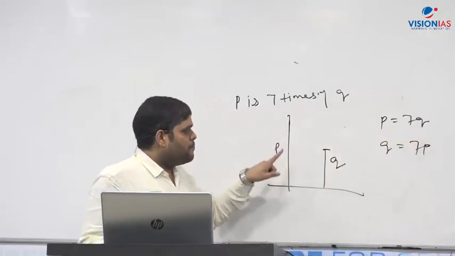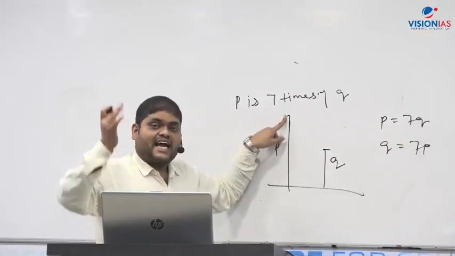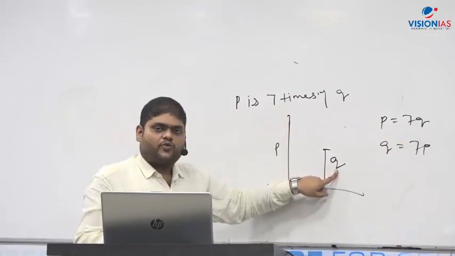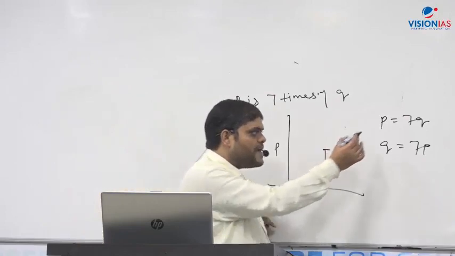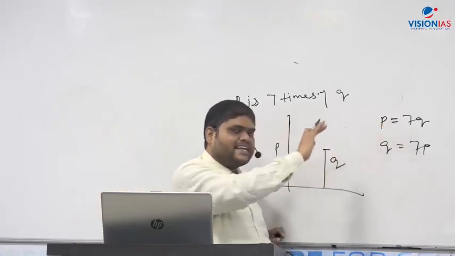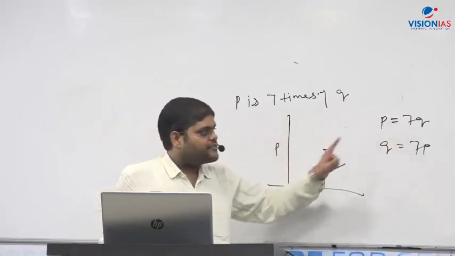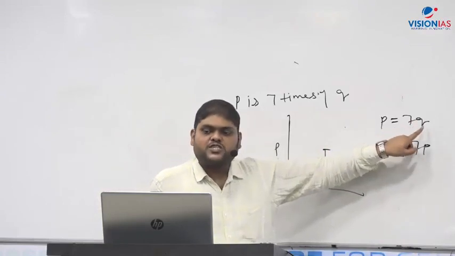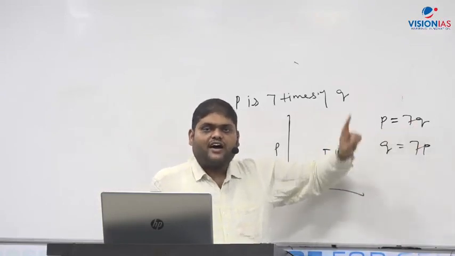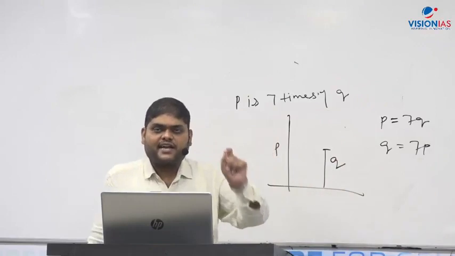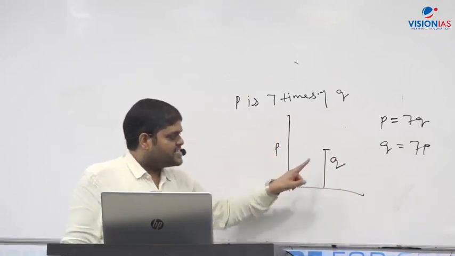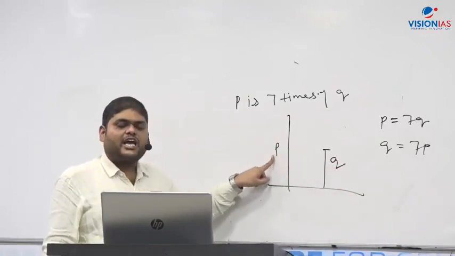See here, P is already larger and Q is the smaller one. So if you have to make them equal, then you have to multiply 7 into the smaller one, or not? You have to multiply 7 into the smaller one. Then only Q will become equal to P.